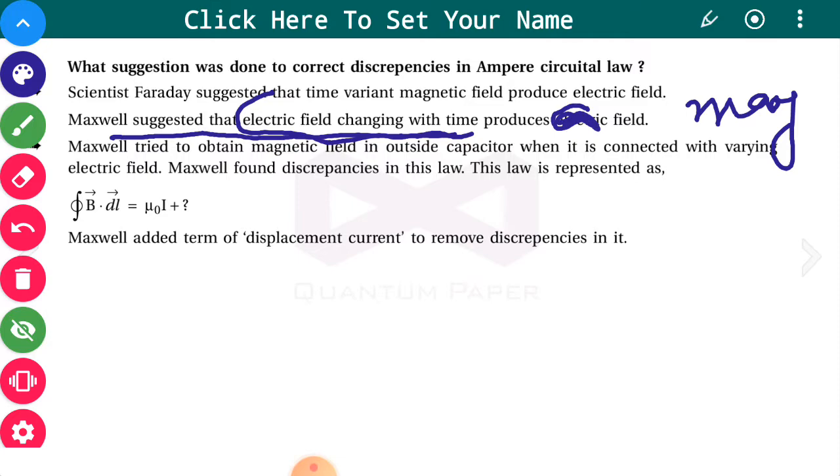Maxwell tried to obtain the magnetic field outside the capacitor when it is connected with the varying electric field.